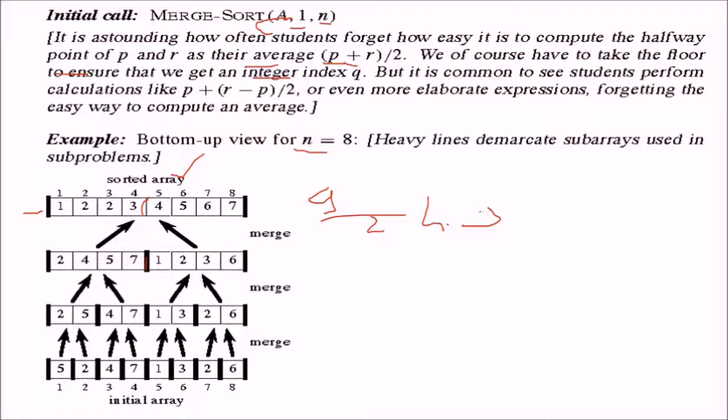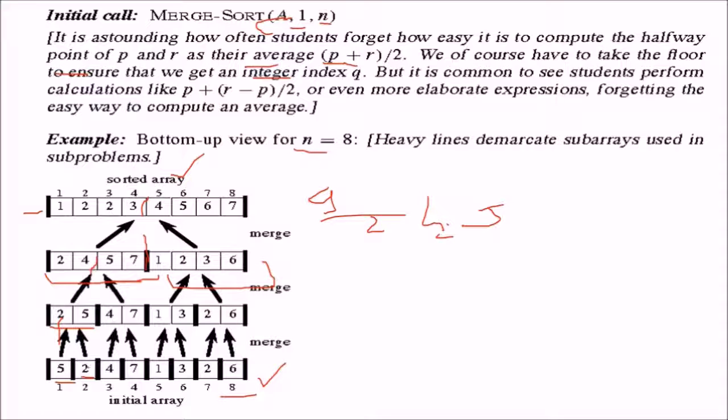But we take the floor, and that will be 4. So 1, 2, 3, 4, this is the middle point 4, and this is the second part. So this is the first partition, this is the second partition. We again apply this subdivision recursively here, and here again. Then we again try to divide it, and then again. Now when we are at this point, we apply merge.